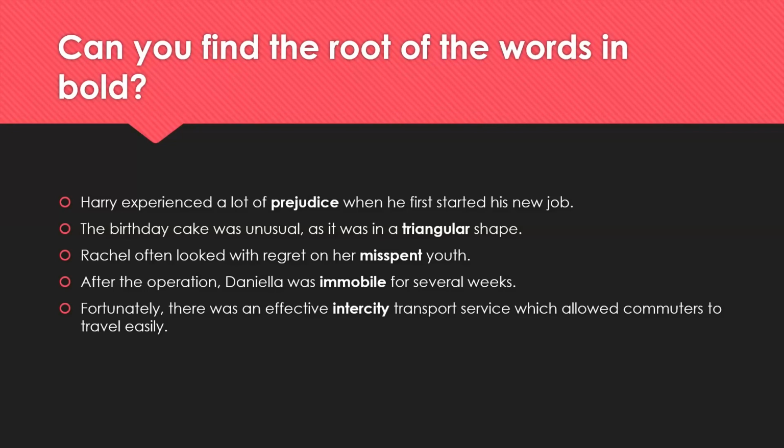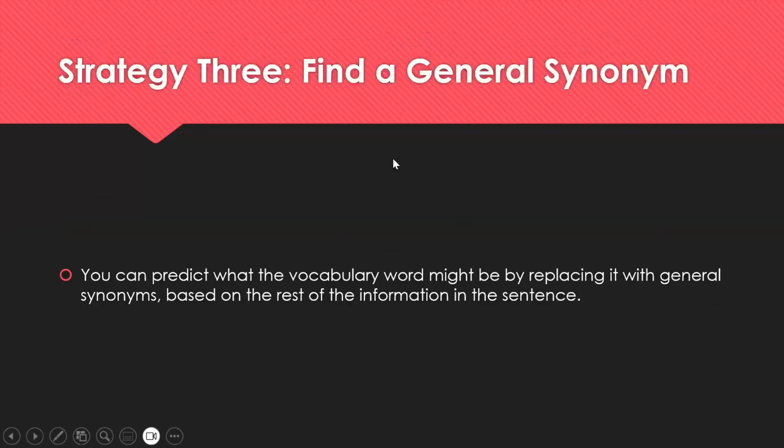Okay, so hopefully this is useful for you to see the strategies that you can use to help you tackle an unfamiliar word. All right, I've got one more brief strategy for you. This is quite a straightforward one, but sometimes you may have a word that is really unfamiliar and you've just got to try and group it into a very general synonym, because sometimes that can still get you a mark if you're really, really unsure.